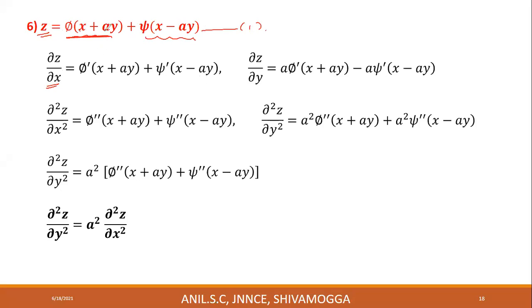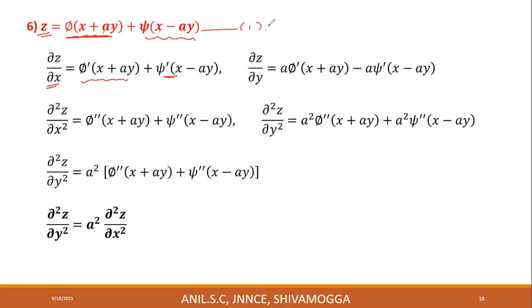Derivative of phi of x plus ay is phi dash of x plus ay into derivative of x plus ay partially with respect to x, which is 1. Derivative of x is 1 and ay is a constant, its derivative will be 0. Plus derivative of psi of x minus ay is psi dash of x minus ay into derivative of x minus ay, which is 1. Derivative of x is 1 and that of minus ay is 0.